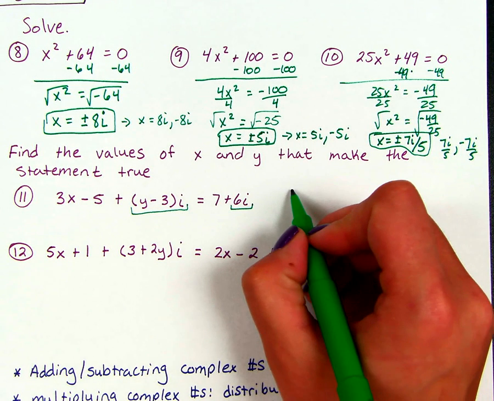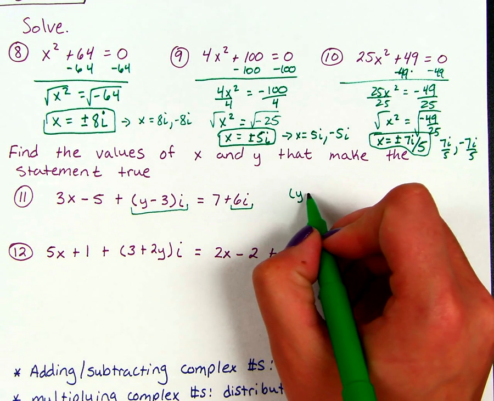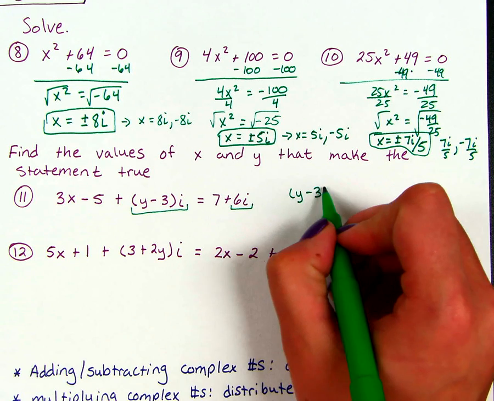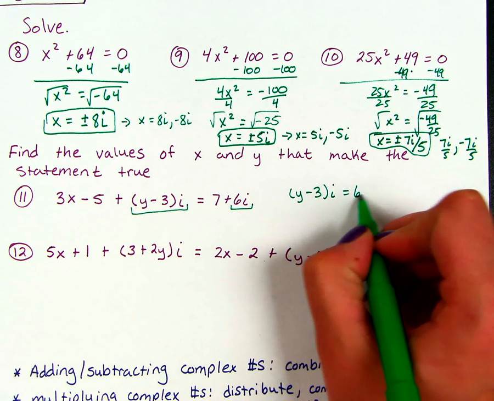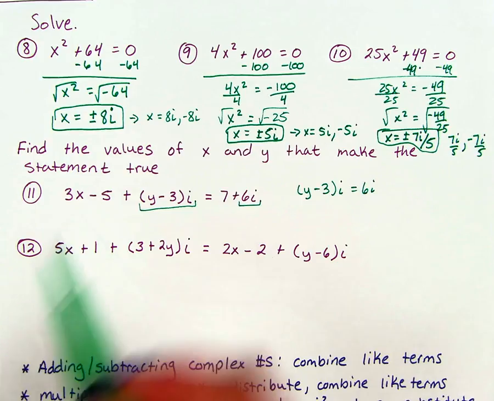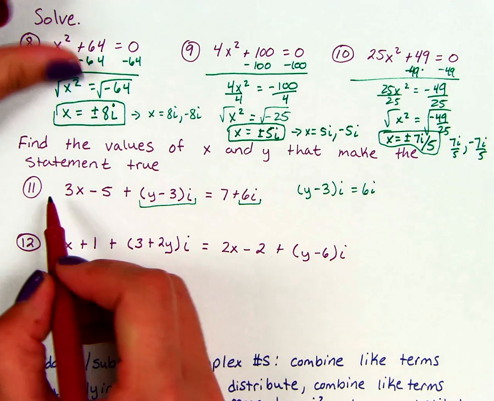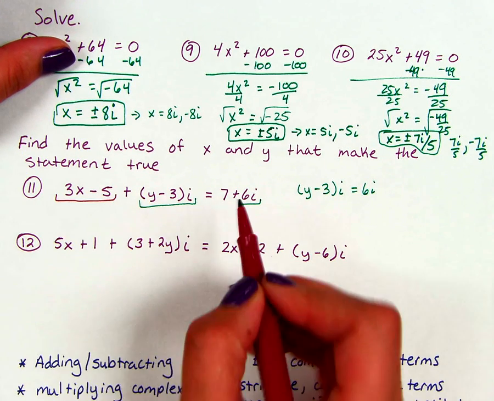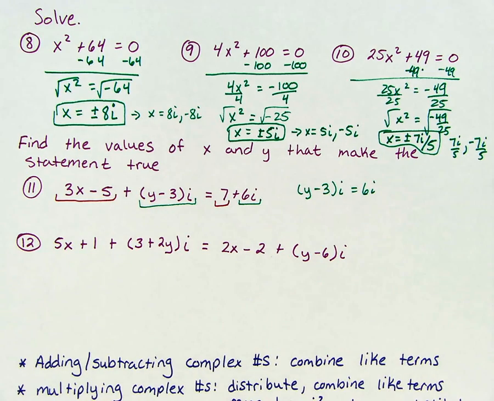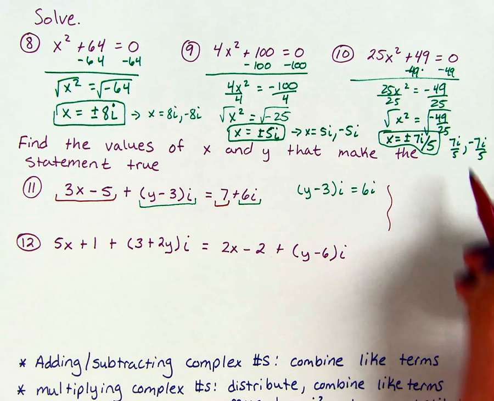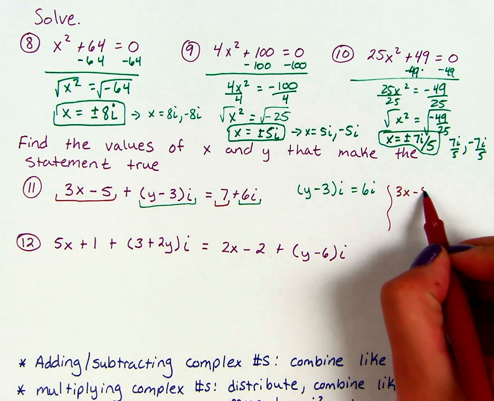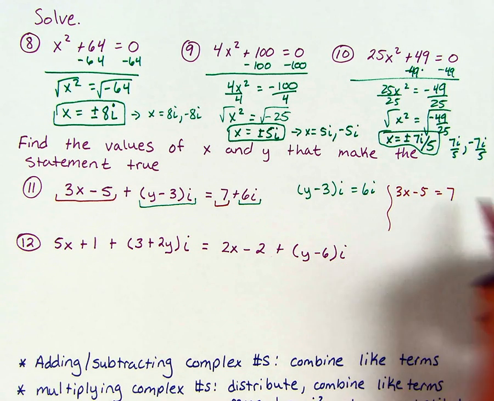So we're really solving y minus 3 times i equals 6i. And then that means that the rest of it, so this 3x minus 5, has to be equal to that real number. So as a separate problem, we're going to solve 3x minus 5 equals 7.